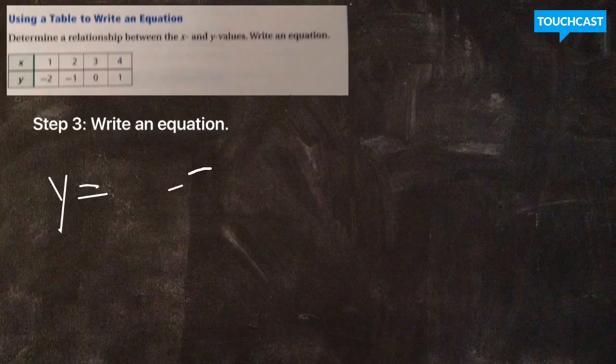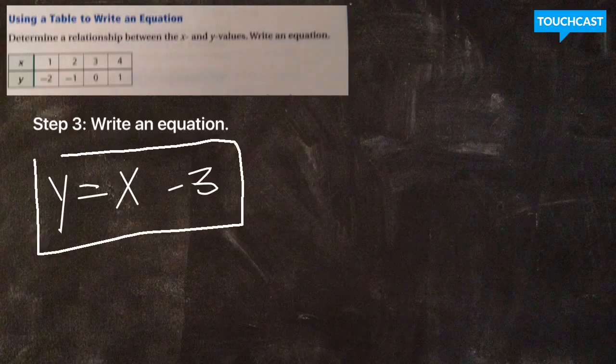We're taking any number and subtracting 3 from it to work in our relation. Now, that any number we need to represent with a variable. In our table, we are talking about x's and y's, so we will use x. So y is going to equal x minus 3, and now we have our equation for this table.